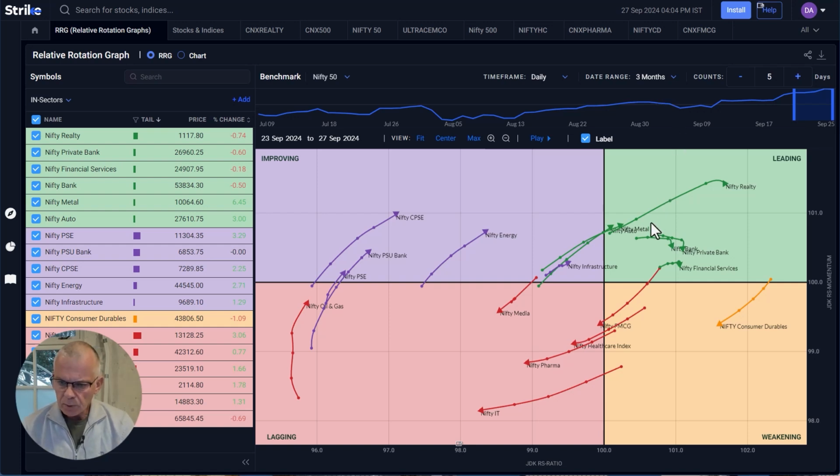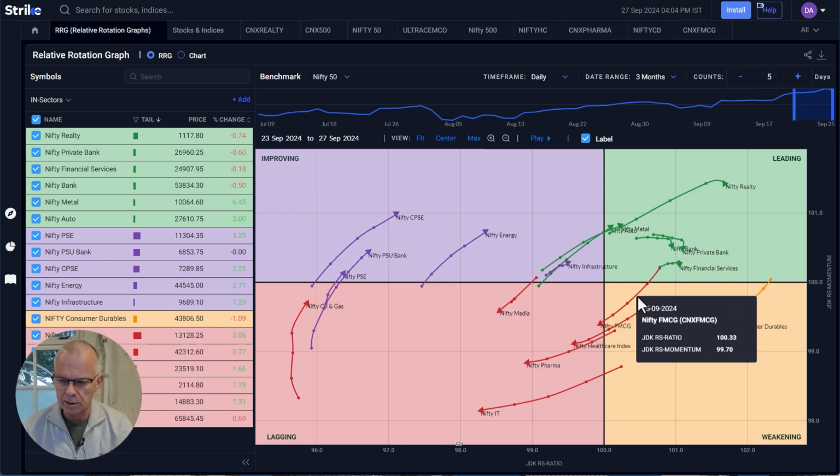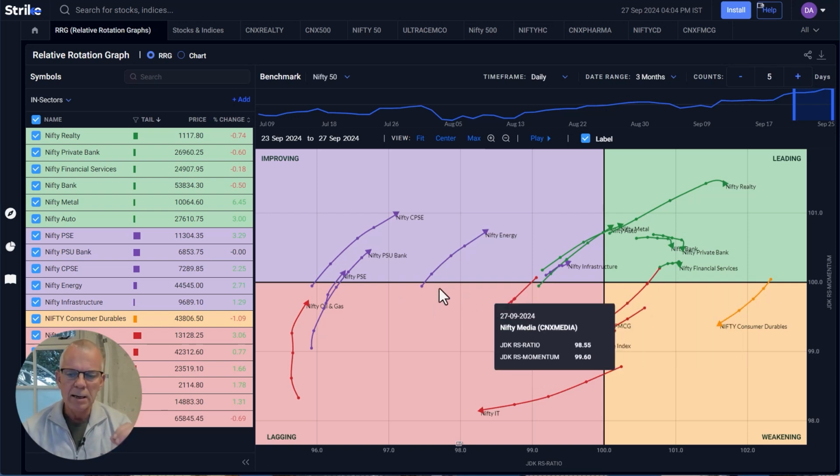Now, the rotations here are, I'm going to say, pretty clear, because what I'm trying to look at is especially the direction of the tails. So something that is heading in the northeastern direction, like CPSC and energy, is considered to be pretty strong because those sectors are picking up both in terms of relative strength, RS ratio, that's the horizontal scale, and RS momentum, which is the vertical scale.